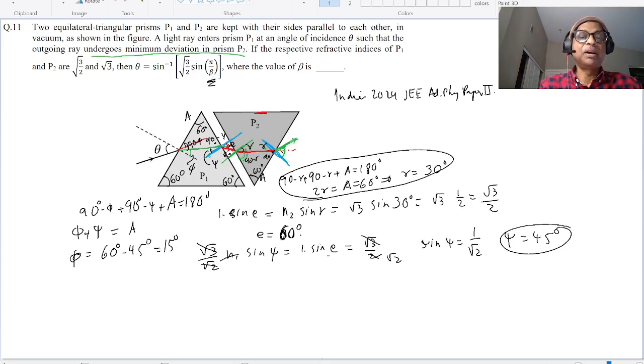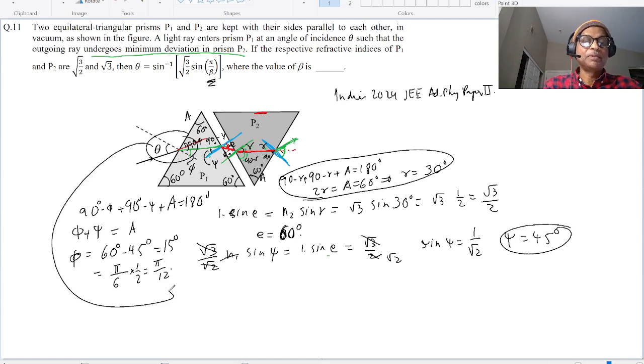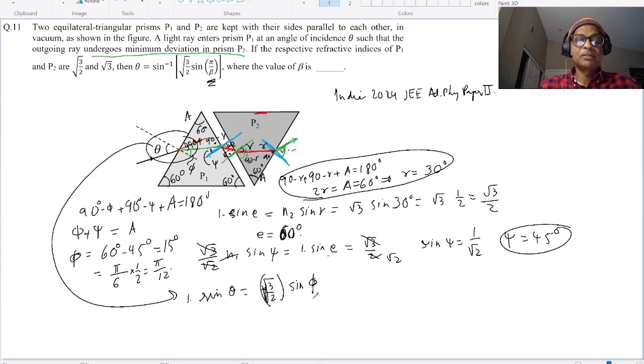And these guys are doing it in pi. So pi over 6 is 30 degrees, and half of that is pi over 12. So it looks like it's going to be pi over 12, but we should carry it out. So over here, 1 times sine theta is going to be square root of 3 over 2, that's n1 for that, times sine phi, and phi is pi over 12.